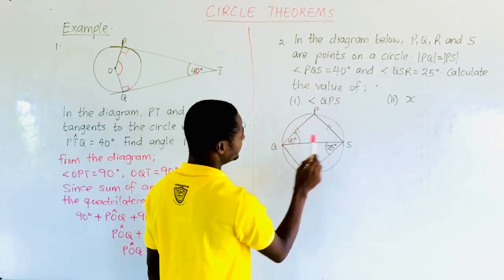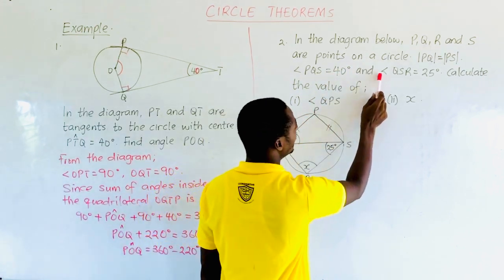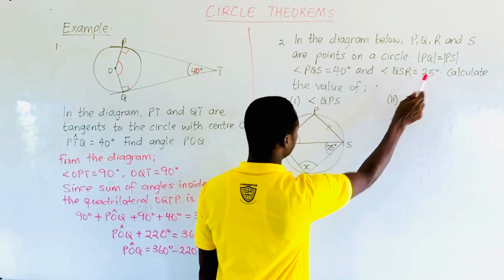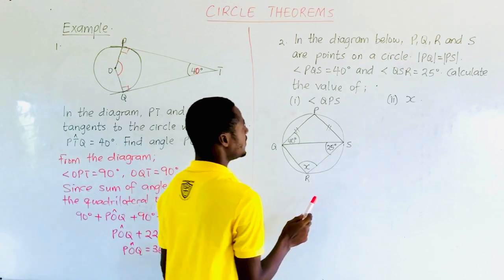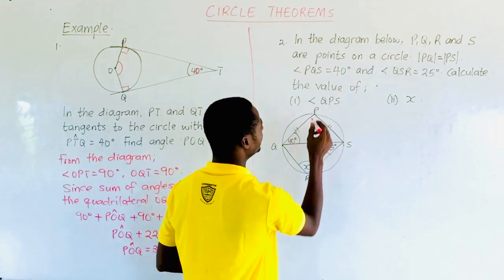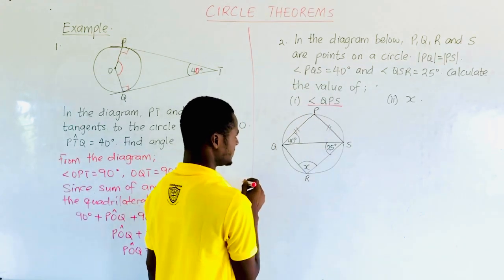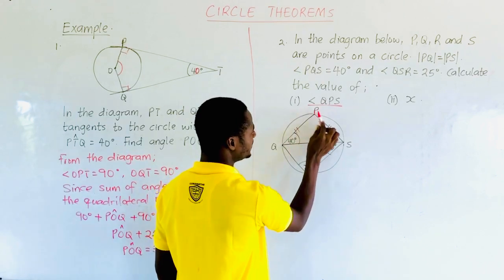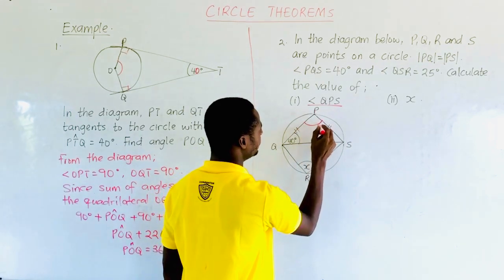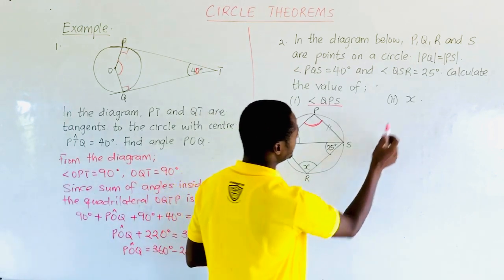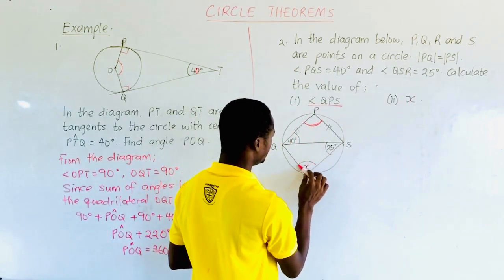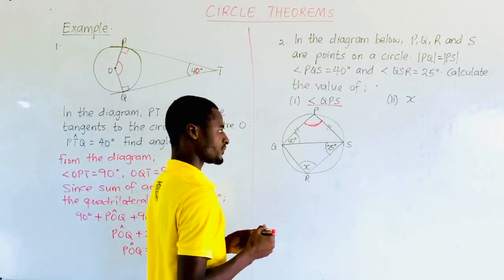Angle QSR is 25 degrees. We want to calculate the value of the angle QPS. This is angle QPS. The angle will be formed here. And then next, we want to find the value of x.